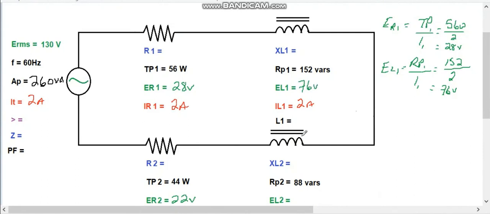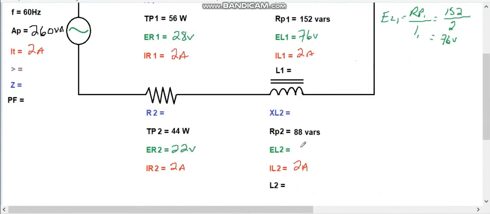Okay, and then EL2 will just be the reactive power of 2 divided by the current of 2, so 88 VARs divided by 2 gives me 44 volts. Okay, so I've got 28 and 22 across my resistors.